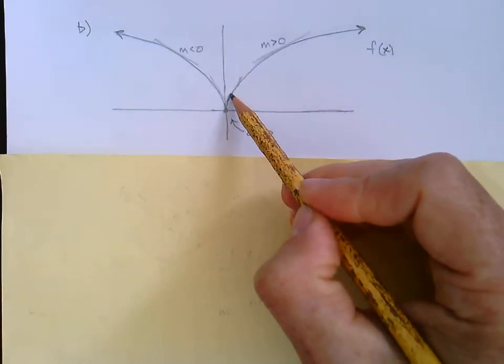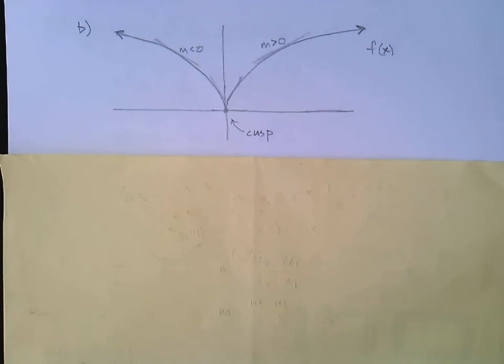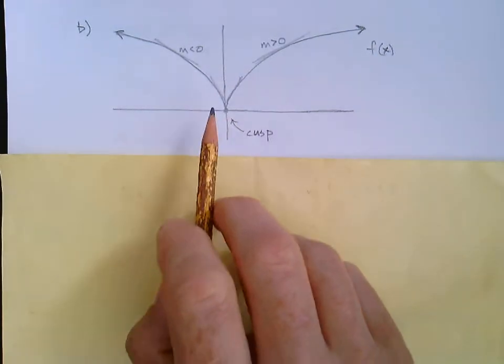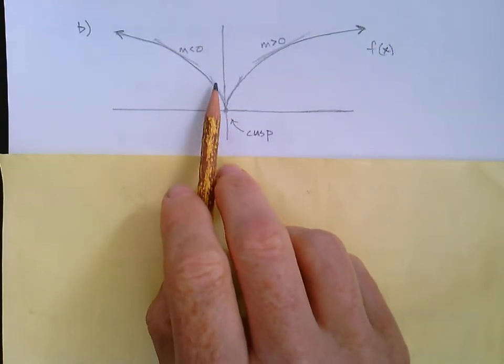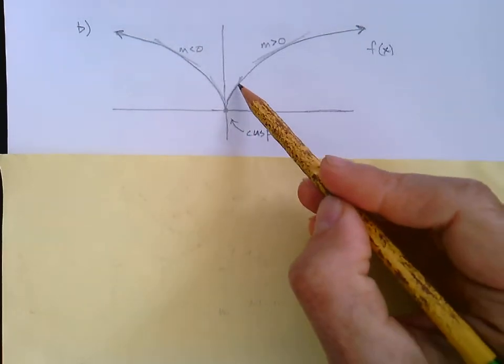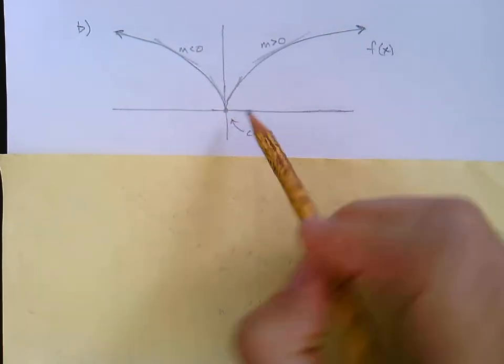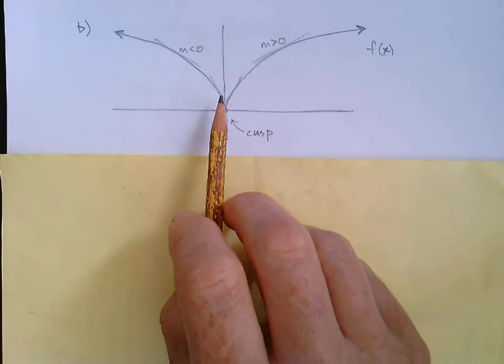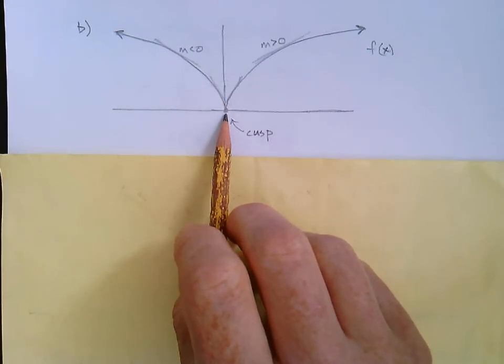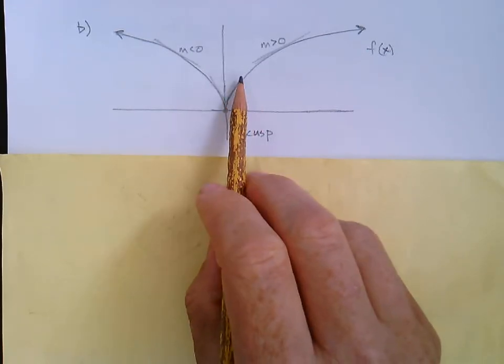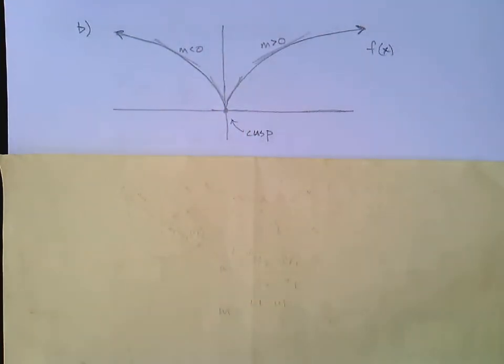So very positive and then less positive. So at the cusp, we went from a very negative slope immediately to a very positive slope. So that means in the derivative graph, we're going to go from a very negative value to a very positive value. Okay, here, let's graph it.